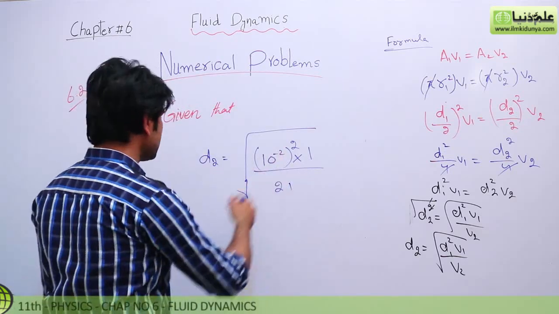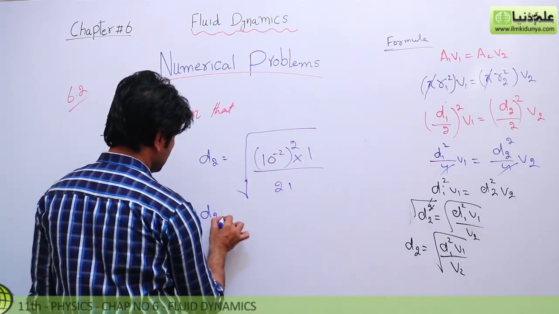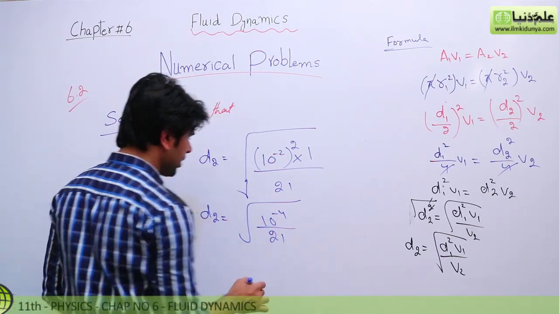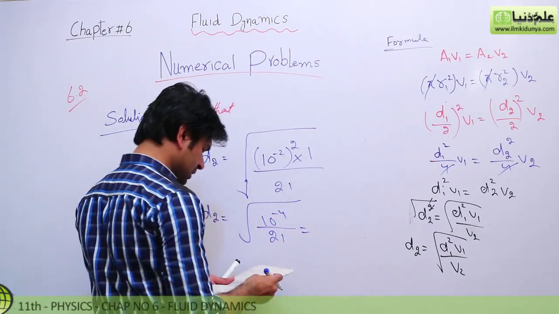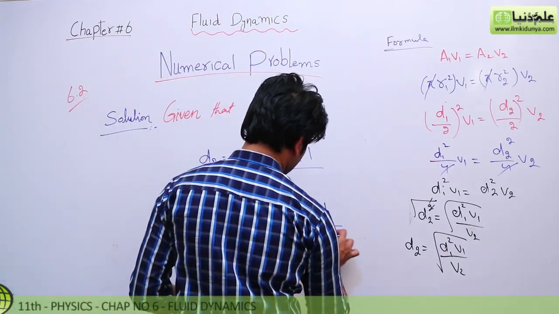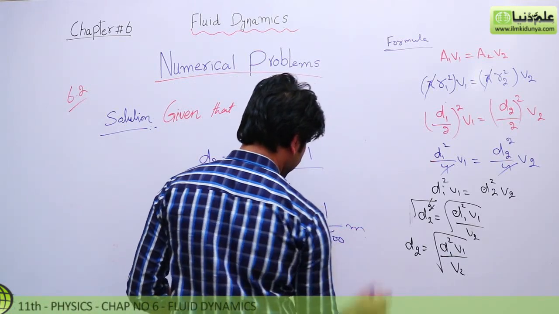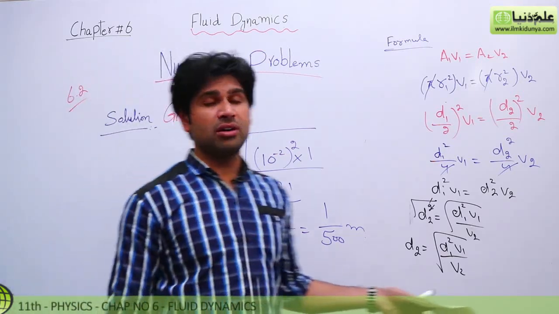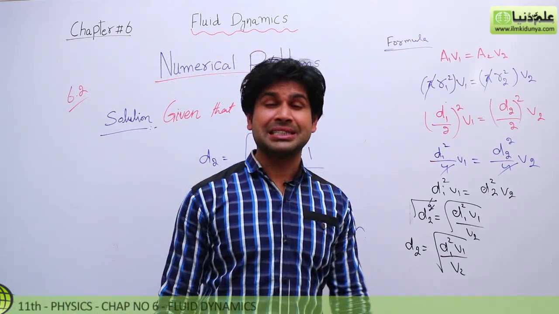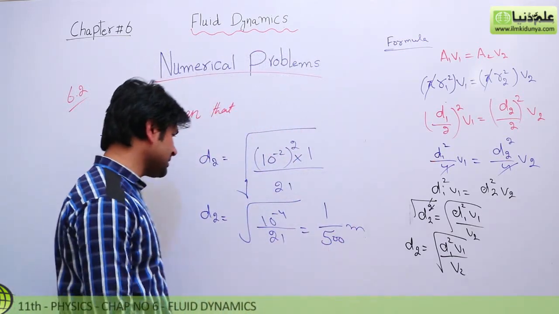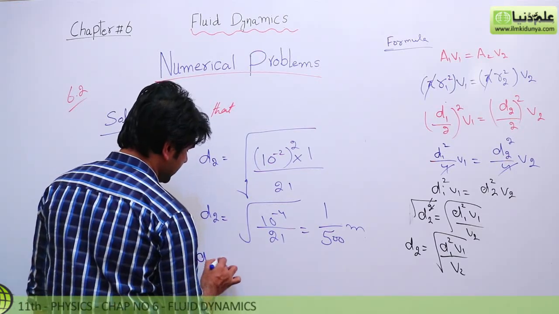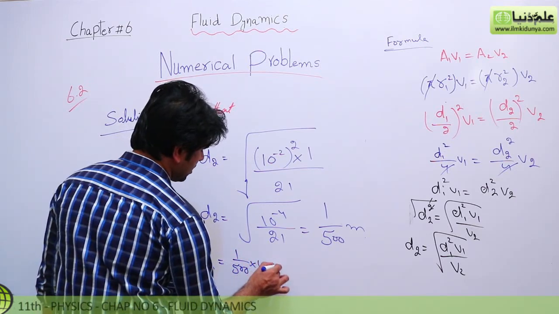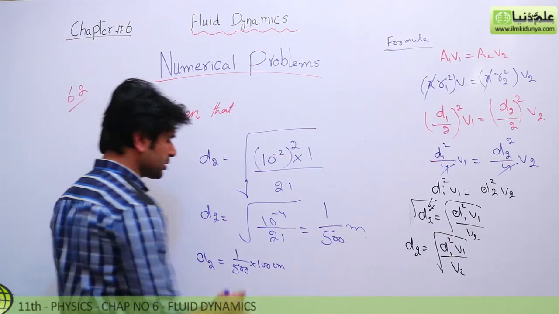By solving this, it should be 10 to the minus 4 over 21, and when we solve this, we will have 1 over 500 meter. Now change this meter into centimeter, because our given first diameter of the water hose is in centimeter, by multiplying 100.